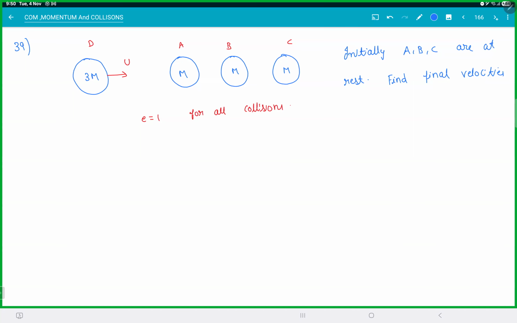How many collisions are there in total? Totally, how many collisions will happen? That is the question.